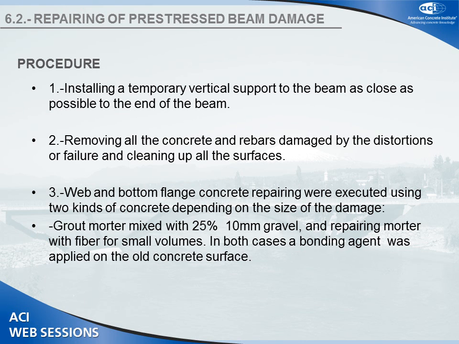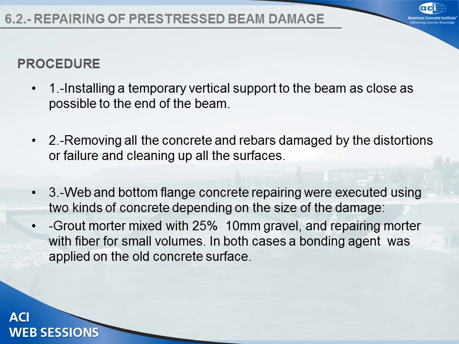The procedure was installing a temporary vertical support, removing all the concrete and rebars damaged by the distortions or failure, and cleaning up all the surfaces. Web and bottom flange concrete repairing were executed using two kinds of concrete depending on the size of the damage.